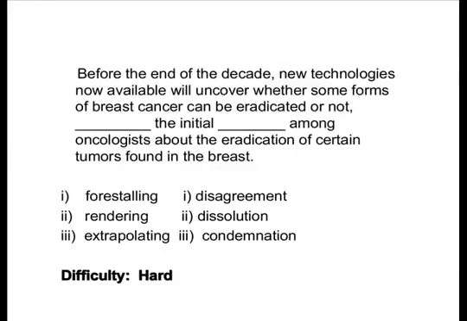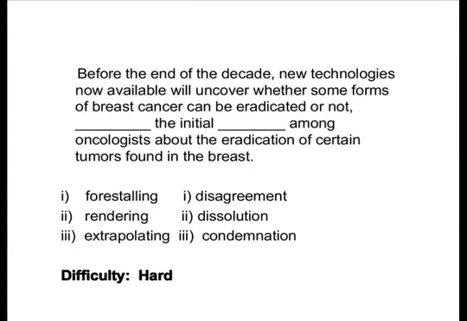Okay, now here's what you can do. If you choose rendering or extrapolating, rendering is simply saying that you are portraying. And that doesn't follow the flow of the sentence because the flow of the sentence is implying that something is happening now with the doctors.